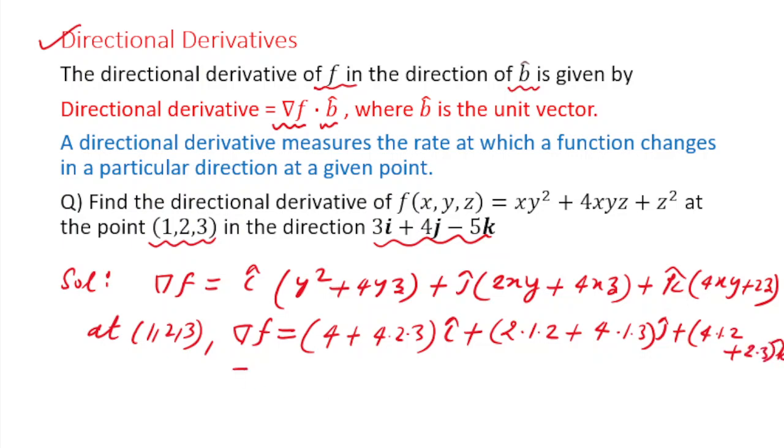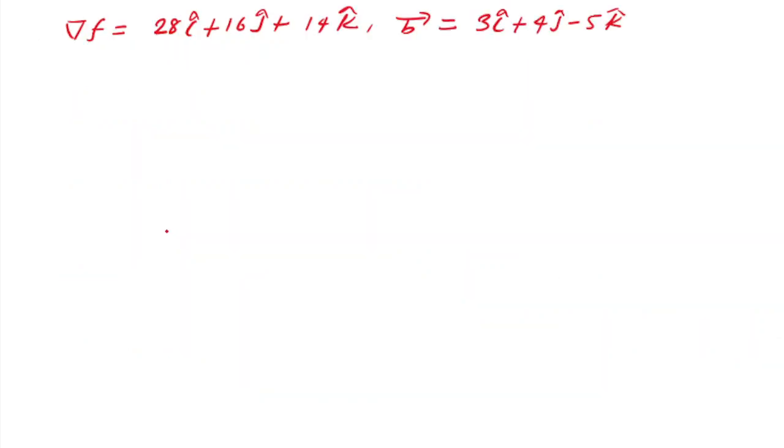So this is equal to how much? 4 into 2 is 8, into 3 is 24, and 4, so 28 i cap, plus 4 plus 12 is 16 j cap, and 8 plus 6, that is 14 k cap. Okay, so we have got 28 i cap, 16 j cap and 14 k cap.